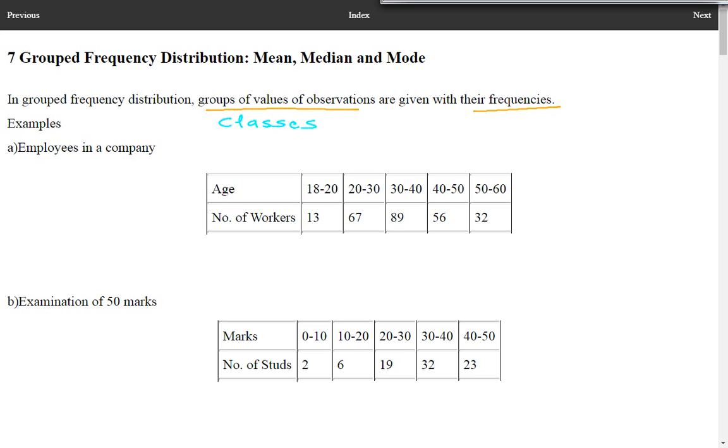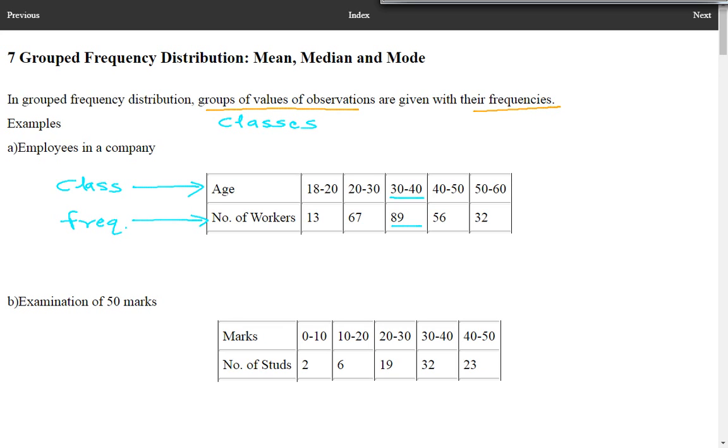Here are some examples. So employees in a company, age and number of workers. What is age? Age is class and number of workers is its frequency. Here the class is 30 to 40 and its frequency is 89.